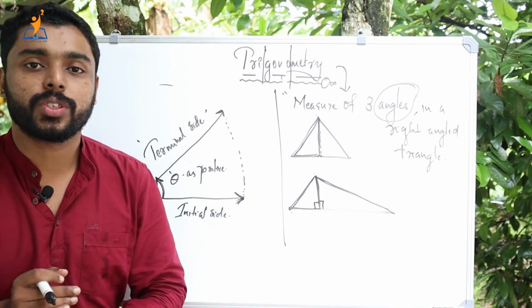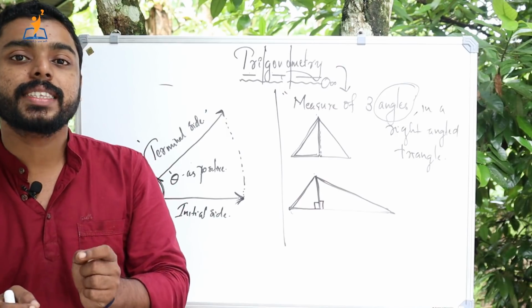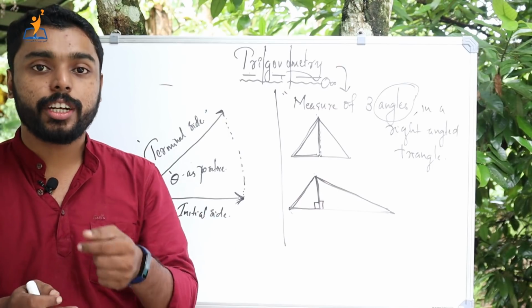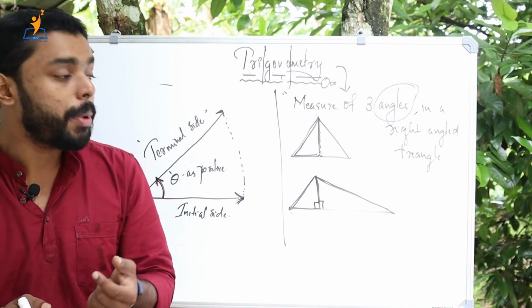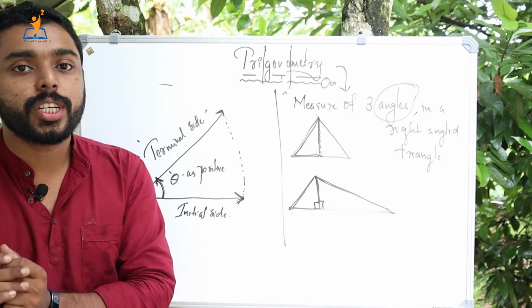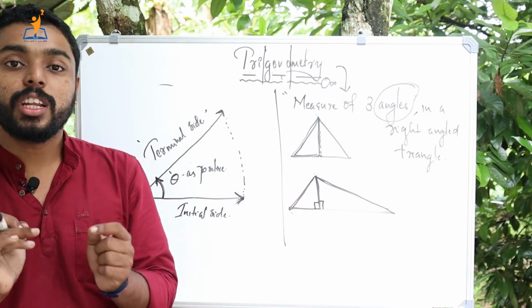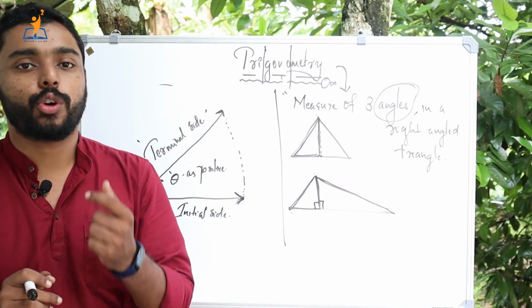The anti-clockwise rotation results in a positive angle, whereas the angle is the amount of rotation needed to reach the terminal side of the ray from the initial side. Also remember that the terminal side is the new position of the ray after rotation.